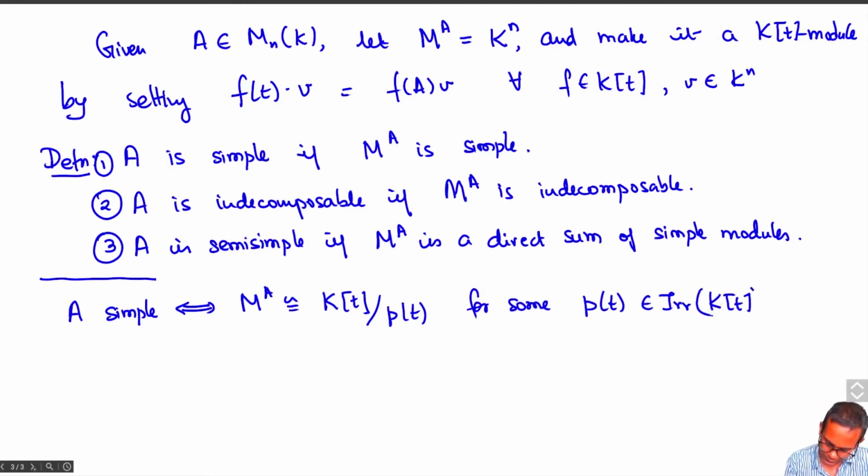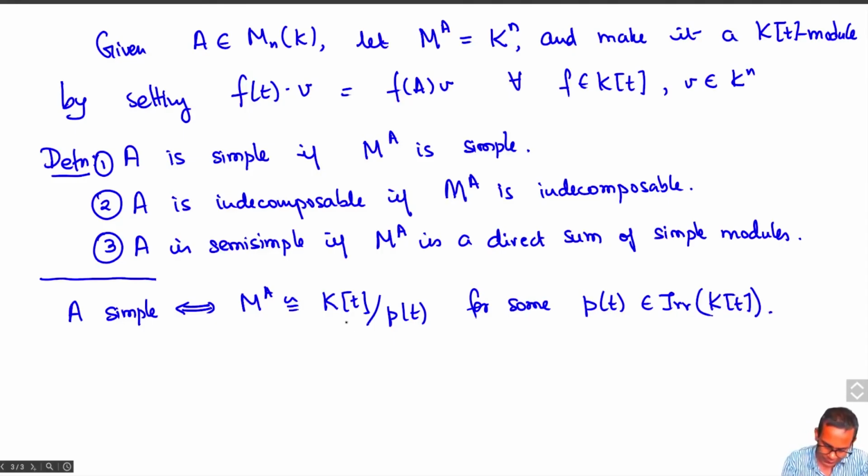Well, we didn't quite see this, but what we saw is that if M is indecomposable, then it is of the form K[t] mod P(t) to the N. And since every simple module is indecomposable, it's not difficult to see that the only simple modules among K[t] mod P to the N are the ones where N is equal to 1. So modules of the form K[t] mod P(t).